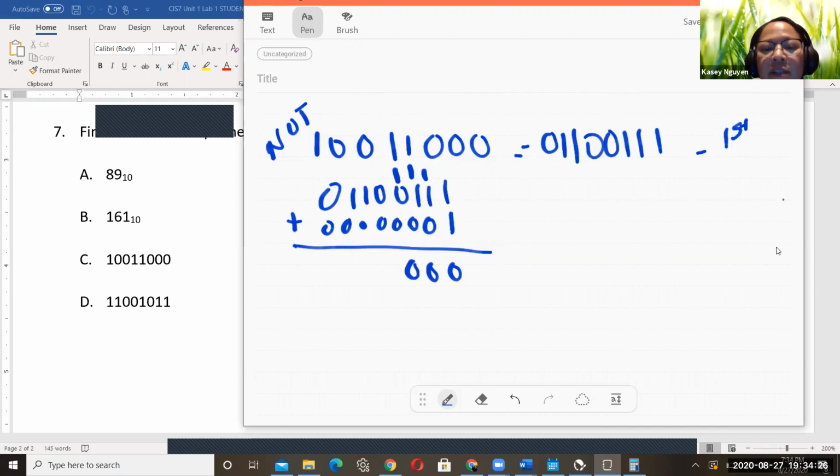And then a 1 with a 0 is a 1, and a 1 with a 0 is a 1. And then we're done with the carry, so that will be 0. 1 with the 0 is a 1. 1 with the 0 is a 1, and that's just a 0. So there you go.